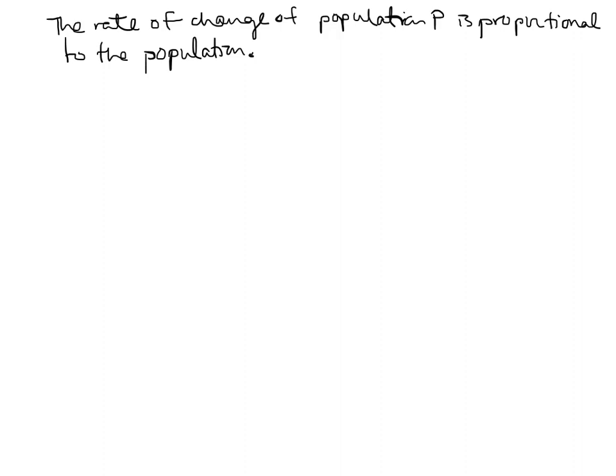So what this is saying here, we've got the rate of change of population P. That's a derivative. It's a derivative with respect to time.